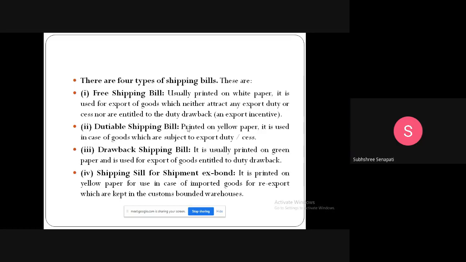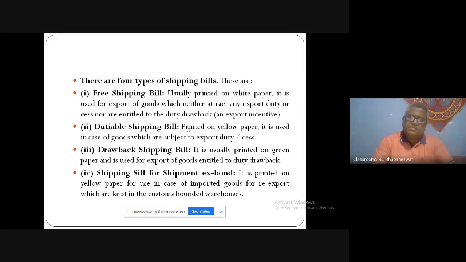But the question is, at the time of the shipping bill, there are different types of shipping activities. Why is this bill required?